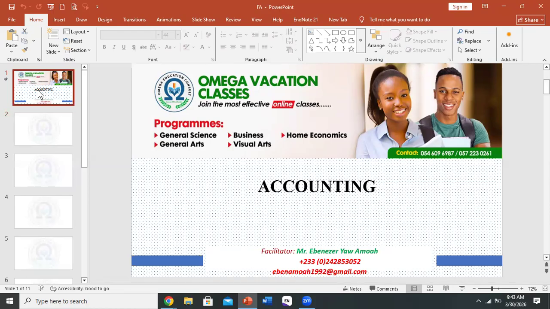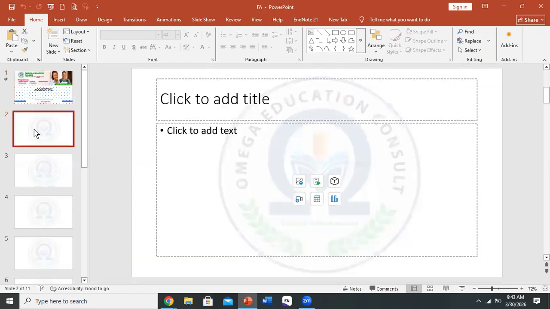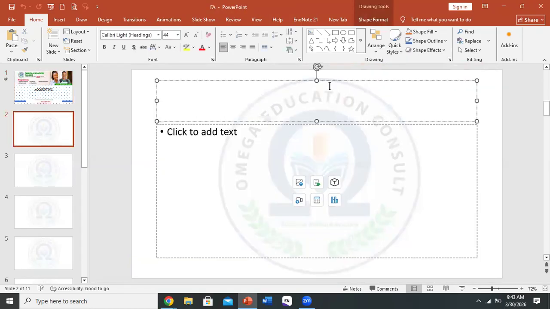I indicated to you that there are 7 of these errors that do not affect the agreement of the trial balance, and we looked at 2 of them, i.e. the error of commission and error of omission. So today we are continuing with the third one, but by way of getting you to appreciate, let me restate all the 7.